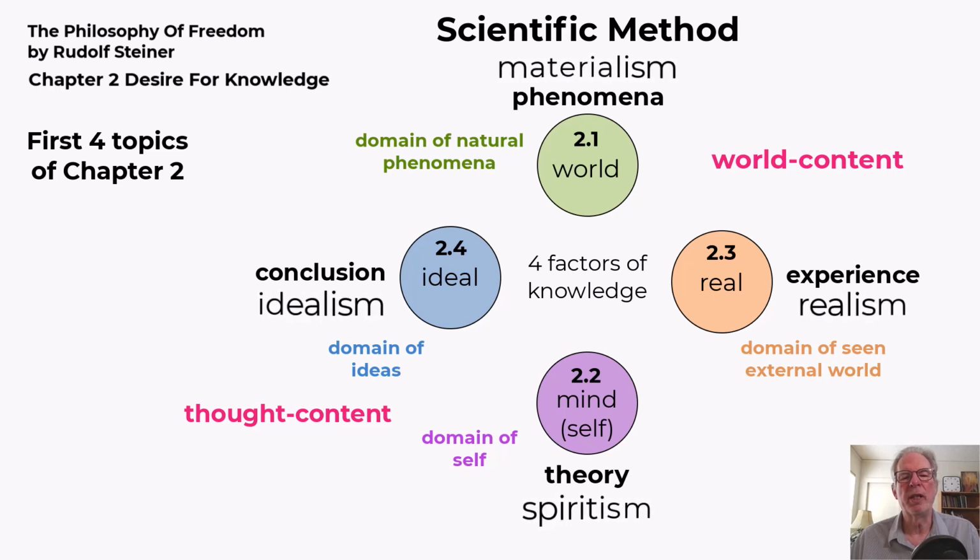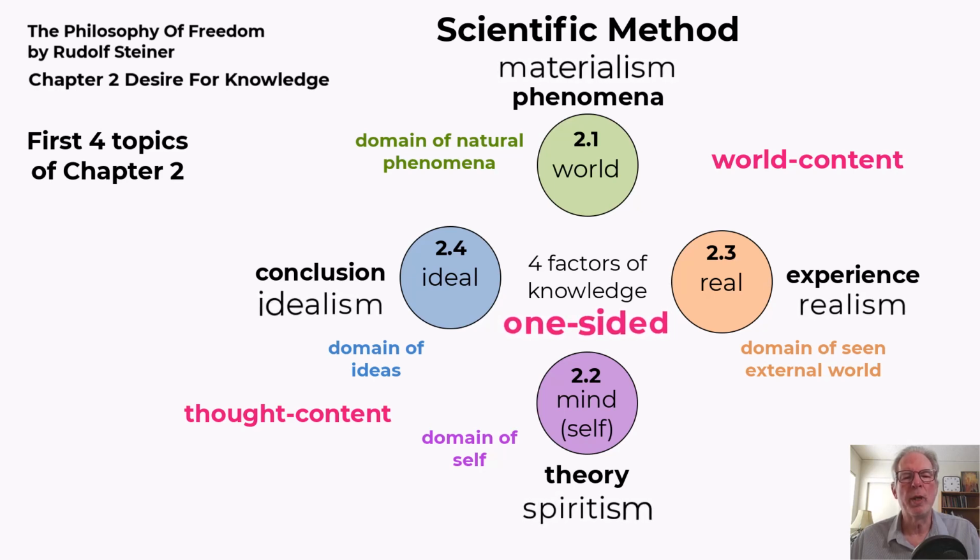What is different in The Philosophy of Freedom is that these 4 factors of the scientific method are discussed separately in their one-sided state. They are not presented as a 4-step process. Each step is separately described and then criticized for the shortcomings due to one-sidedness.